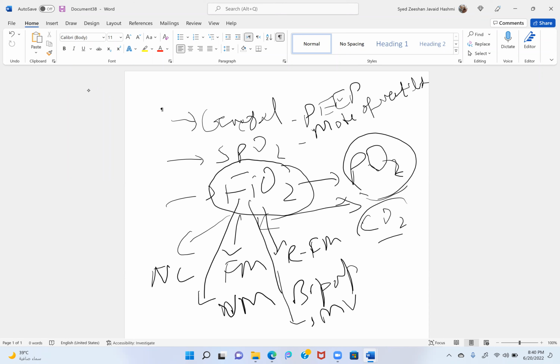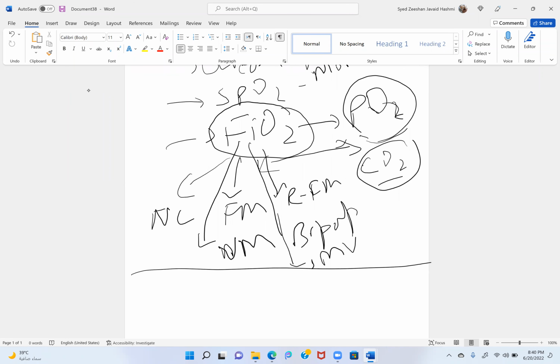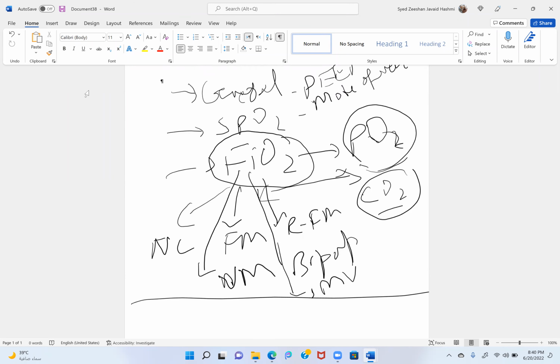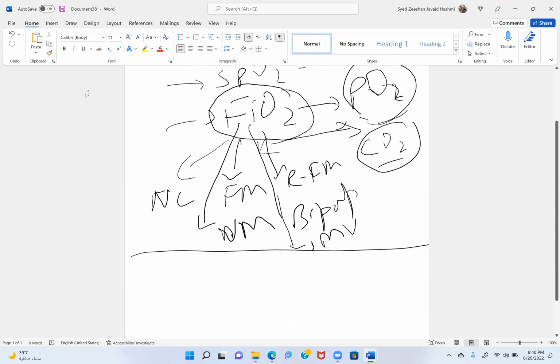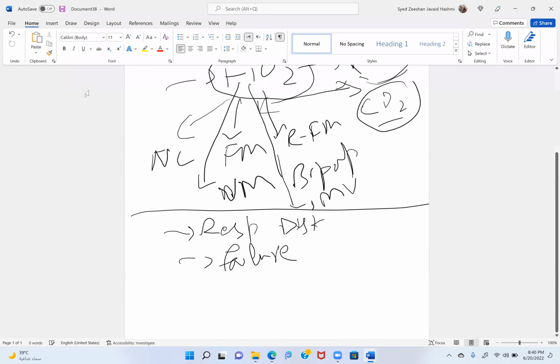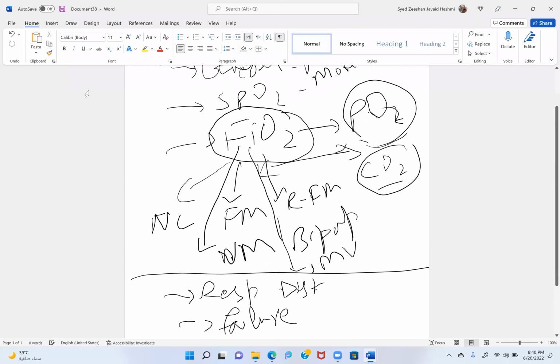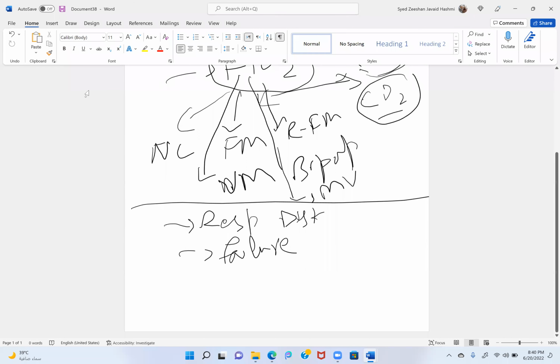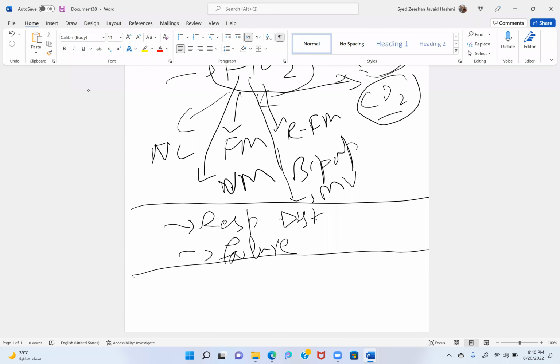So if you want to evaluate, you will be evaluating on these parameters: any signs of respiratory distress or failure, and the result will be a decrease in PO2 or an increase in CO2. Usually this will be happening, and then the rest of the things will come.